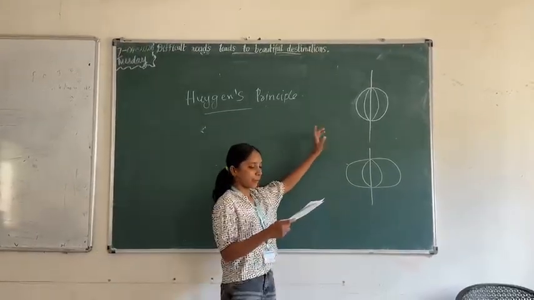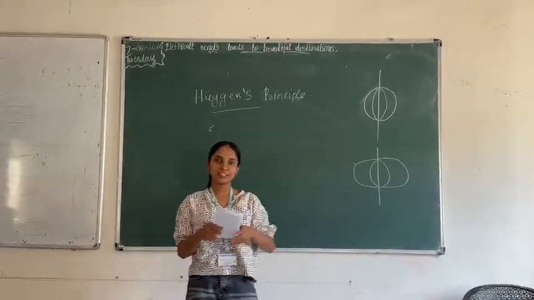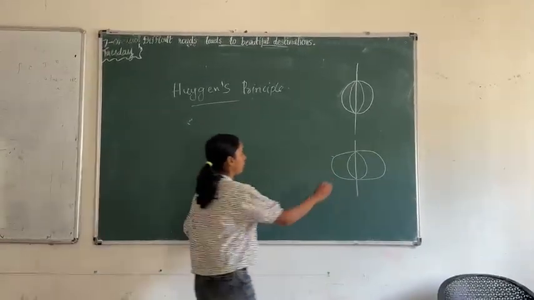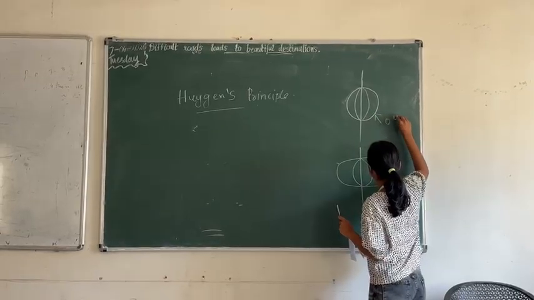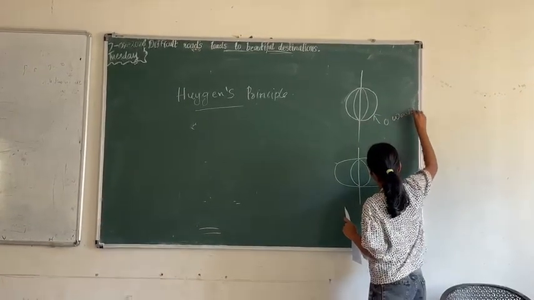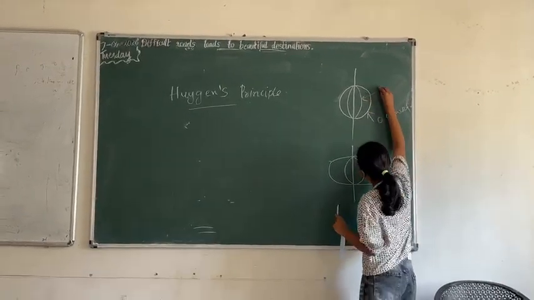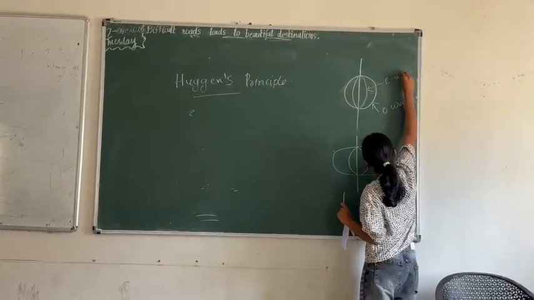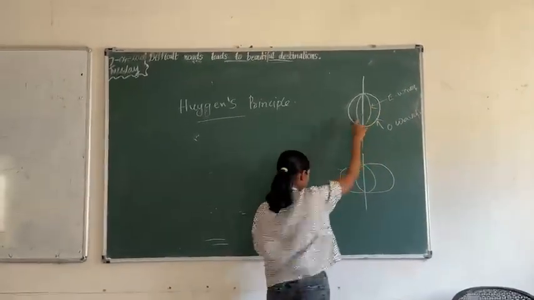This figure shows a positive crystal and a negative crystal. This is the O wavefront, and this is the E wavefront, and this is the optic axis.